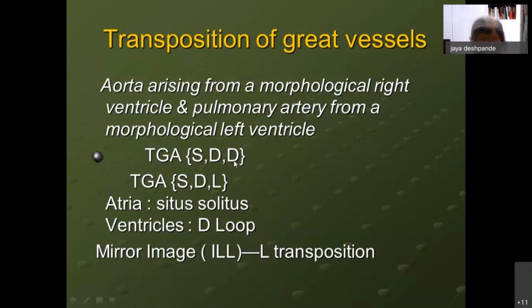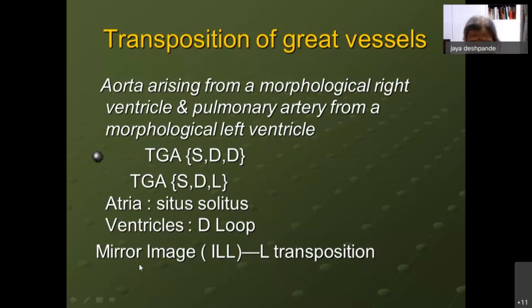You can also have TGA with S, D, L: situs solitus of the thoracic and abdominal viscera, including the atrium, D loop of the ventricles, right ventricle on right side, left ventricle on left side, and the great vessels are again abnormally situated, L position of the great vessels.